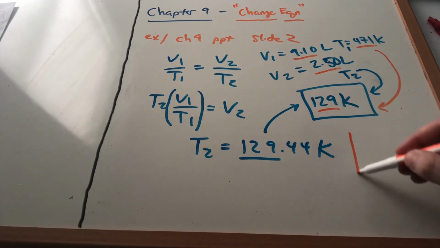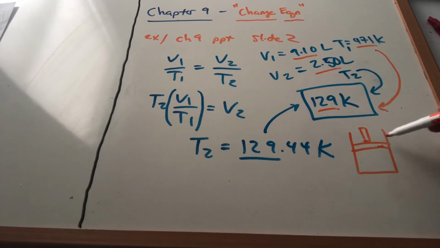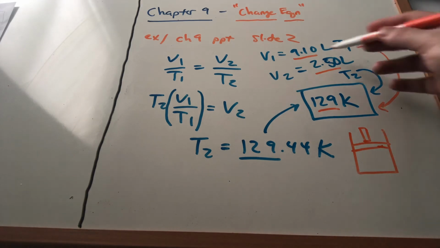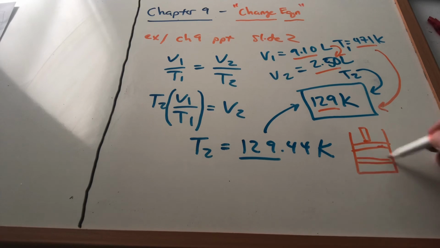So if I have this piston, and I have a certain pressure that's based off the strikes on that surface, and then I go to a smaller volume, so I squish it down, but I want the same hits on that surface, what's the only way to do that?